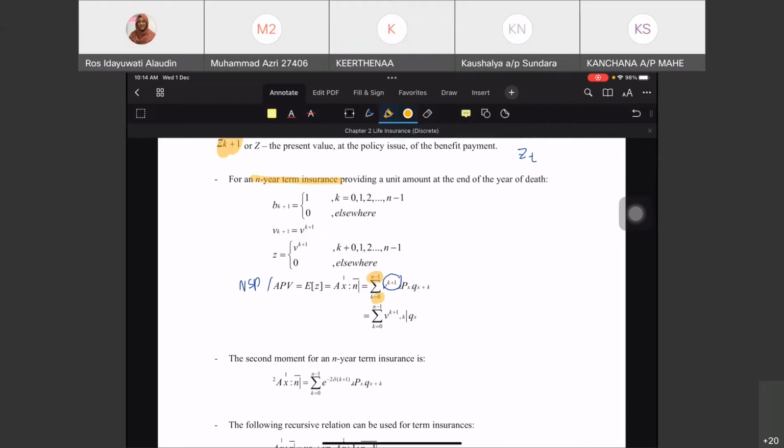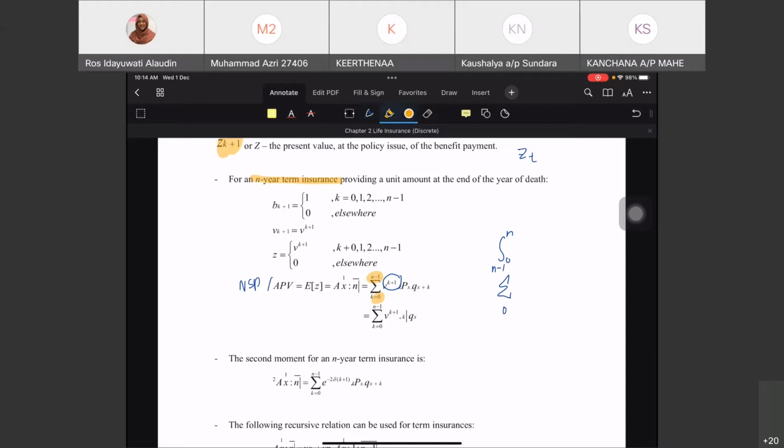For continuous insurance, the term insurance we integrate from 0 to n. For discrete, we take from 0 to n minus 1 for term insurance. So the notation differs between continuous and discrete.